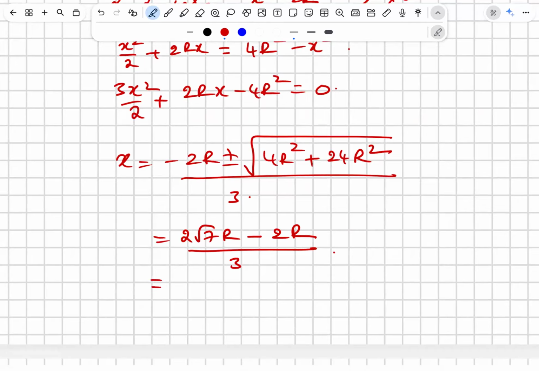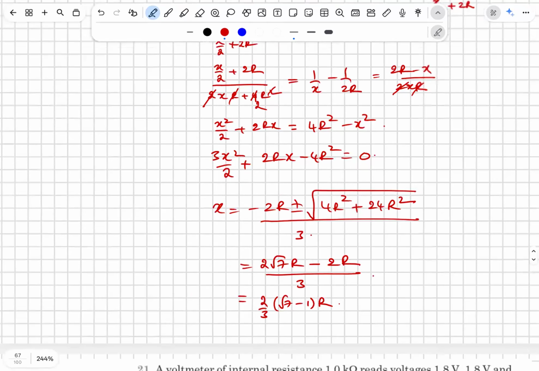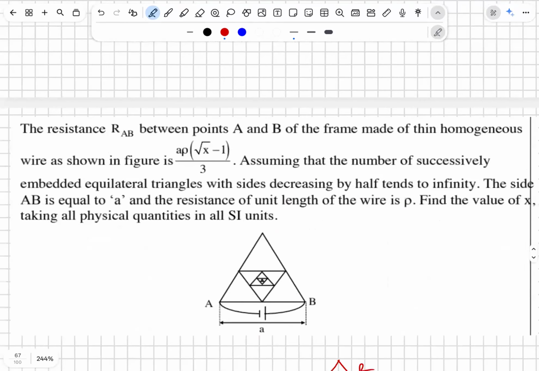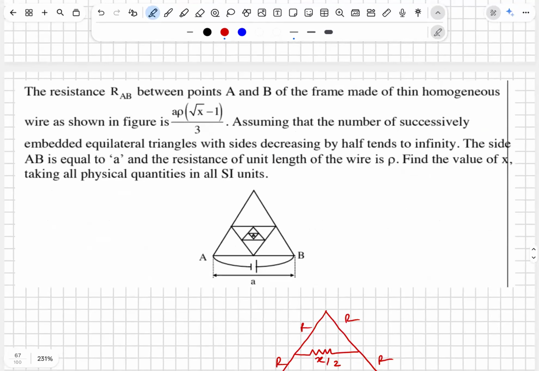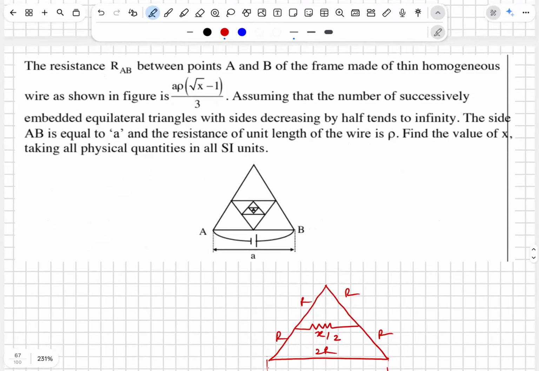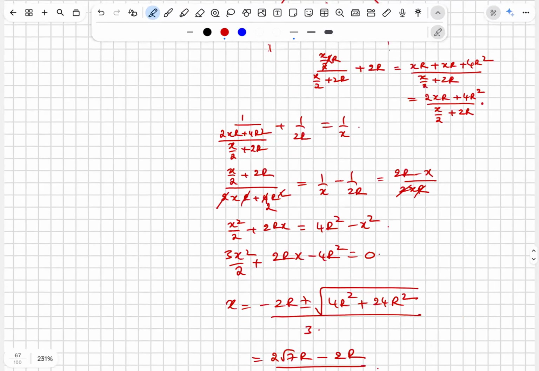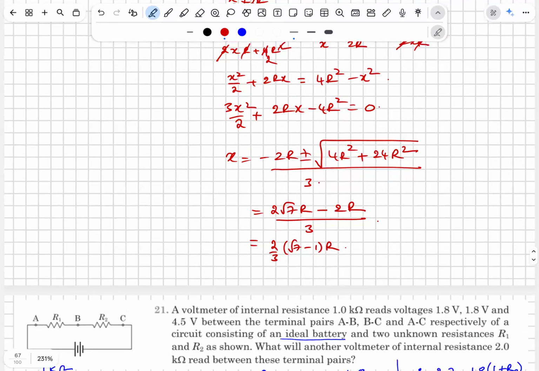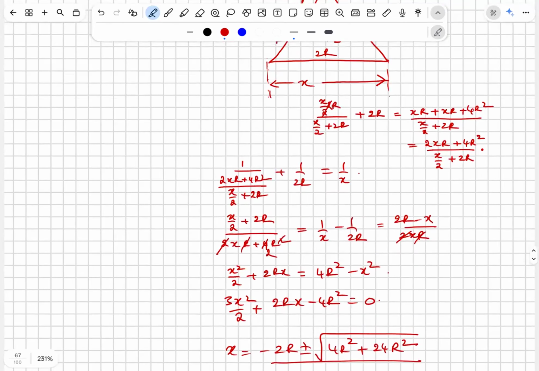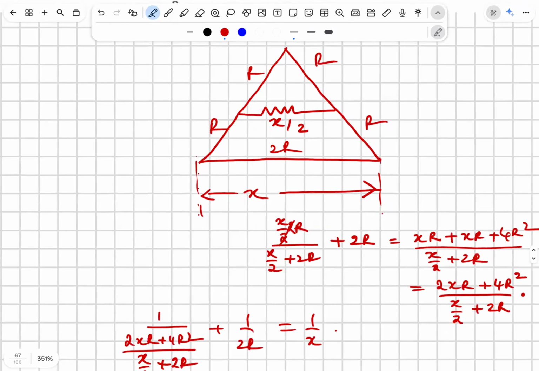సో ఆన్సర్ వచ్చేసి 2/3 √7 - 1. సరిపోయిందా? చెక్ చేయండి ఒకసారి. ఆన్సర్ ఏమి ఇచ్చారు? 7. నేను చేసినప్పుడు వచ్చుదరా అంటే ఒకటి ఎందుకు వచ్చుంటుందో చెప్తాను, దానికి రీజన్ చెప్తాను. నువ్వు ఇదంతా ఆరని తీసుకున్నావు.